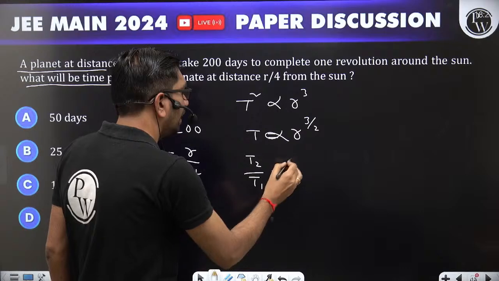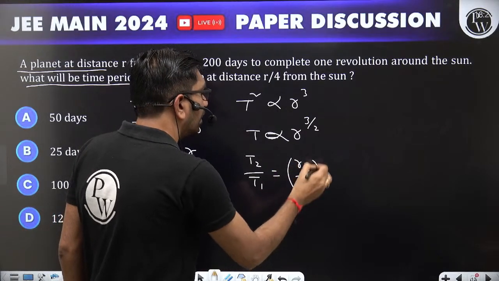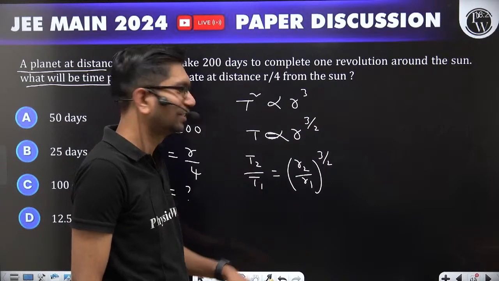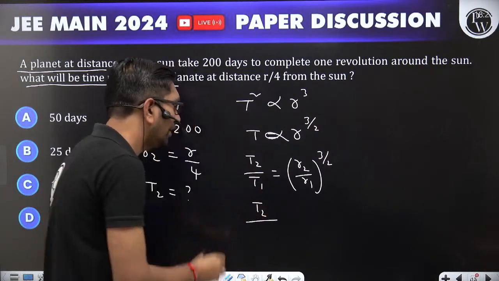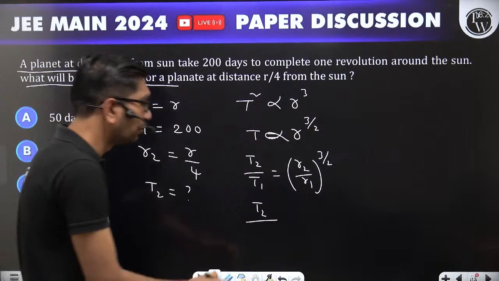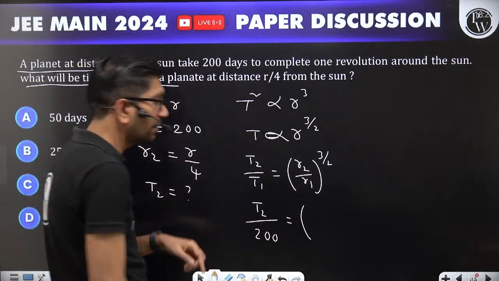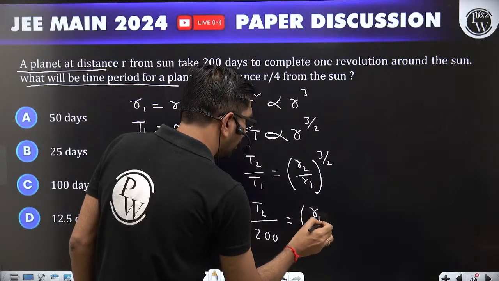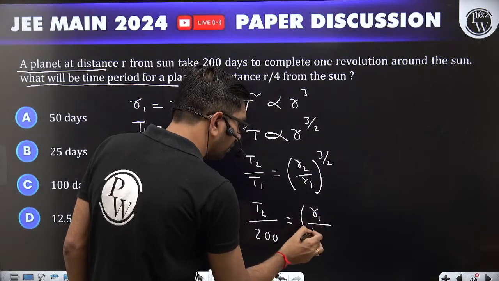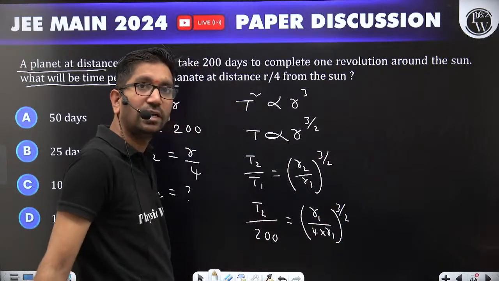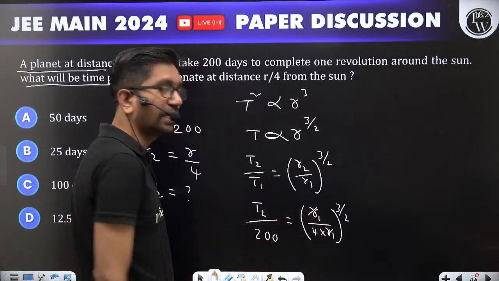T2 by T1 is equal to R2 by R1 whole power 3 by 2. Yes, correct. Chalo. So T1 he has given as 200, okay. R2 he has given as R by 4. It means R2 is R1 by 4 only, na? So here is R1, okay. So here is 3 by 2, yes. This one gets cancelled, okay.